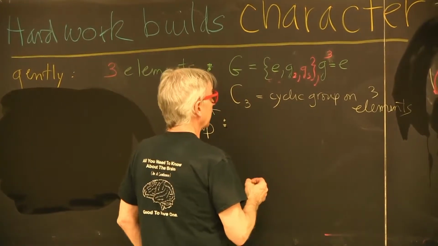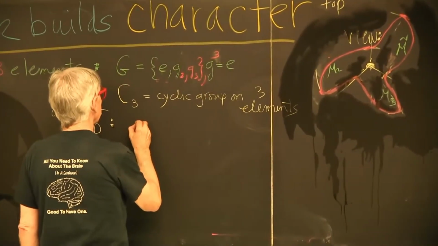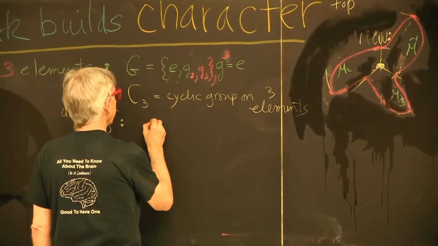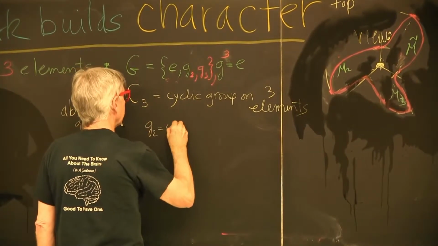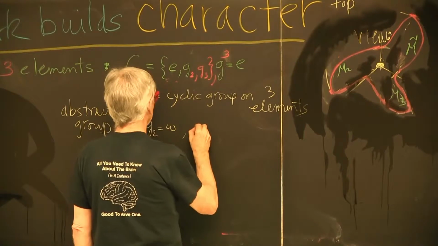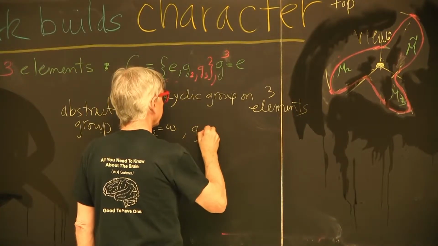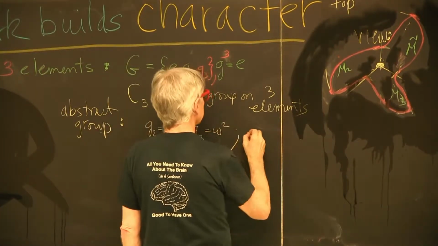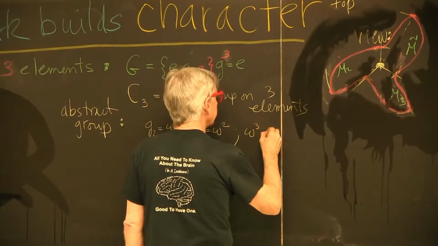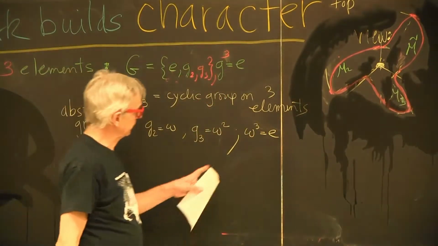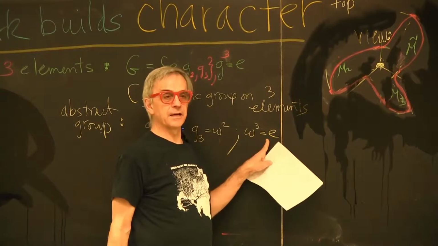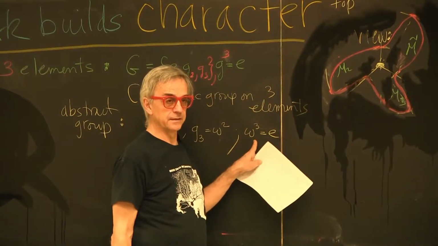So I notice that there is a generator. I'll call the second element omega. And then I realize that the third element is omega square. Omega cube is identity.